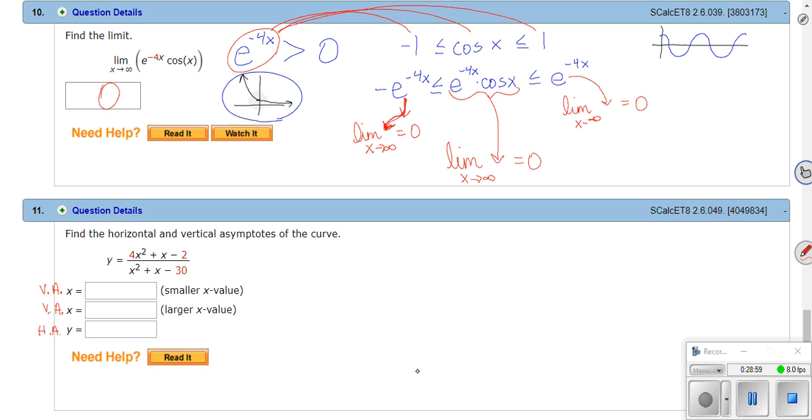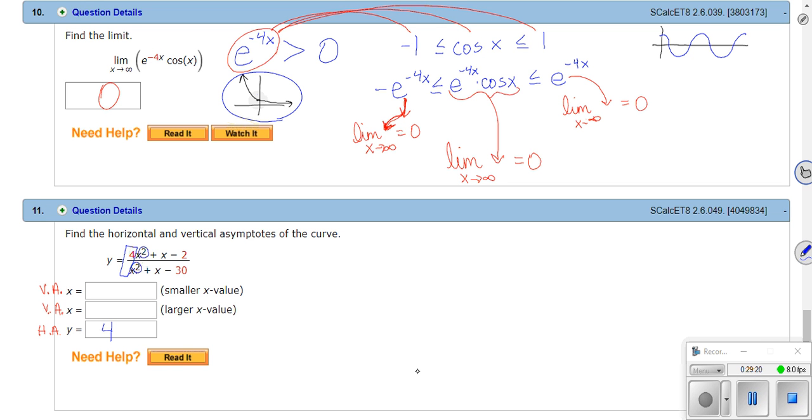The horizontal asymptote is super easy to find because both of these are the same degree. How do I find my horizontal asymptote? Remember, it's the ratio of the leading coefficients, top over bottom. So this is 4/1, or just 4. So my horizontal asymptote is y equals 4.